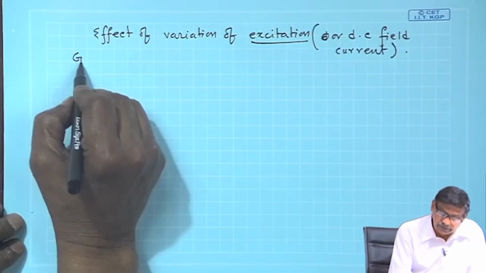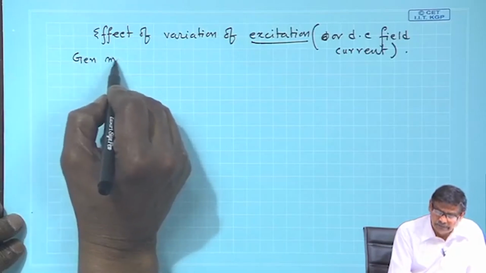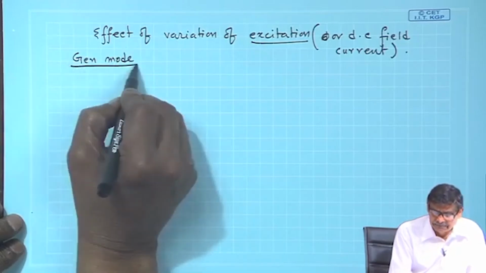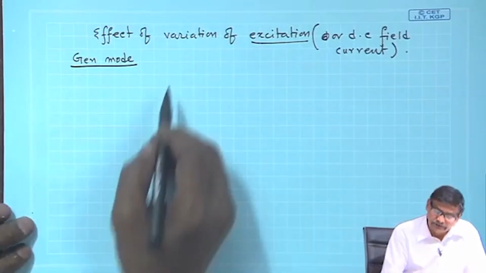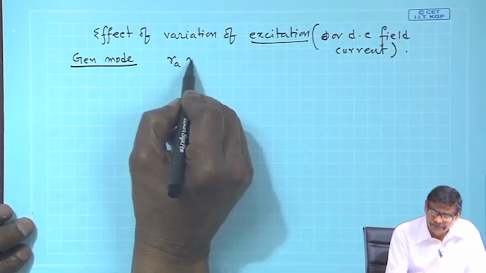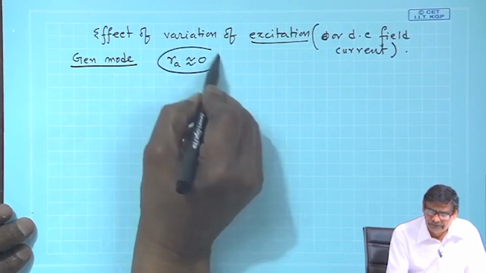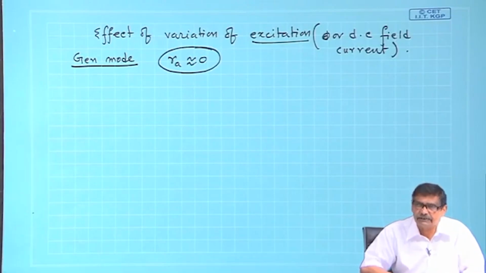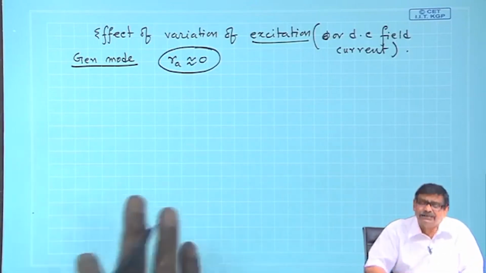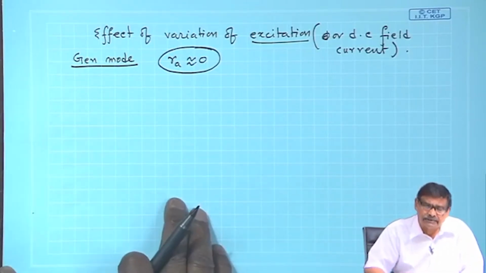Suppose generator mode, and in this explanation I will assume RA is pretty small, so that I will come to know very quickly what will be the effect. Of course, with RA also it can be taken into account, that I have included in my note. At this stage you need not go through that. Okay.